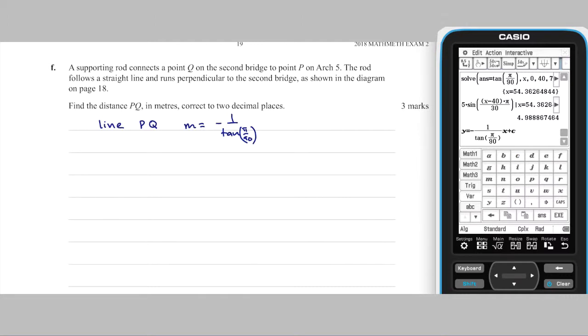If we provide the x and y coordinates of point P, we can find C to complete the equation of this line.